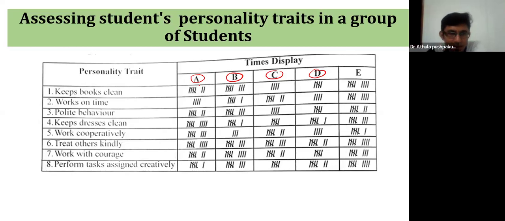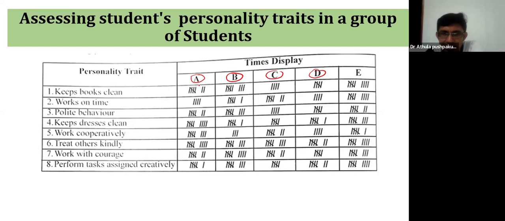Normally, some say the 5B class is better compared with other classes. Assume grade 5 has 5 classes, A, B, C, D, E. Normally, some teachers say the grade 5B class is better. They keep their books clean, work on time, and show polite behavior.